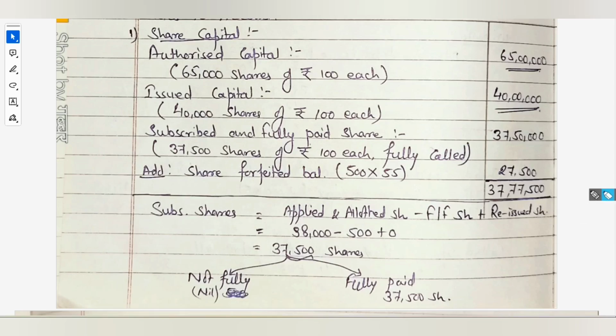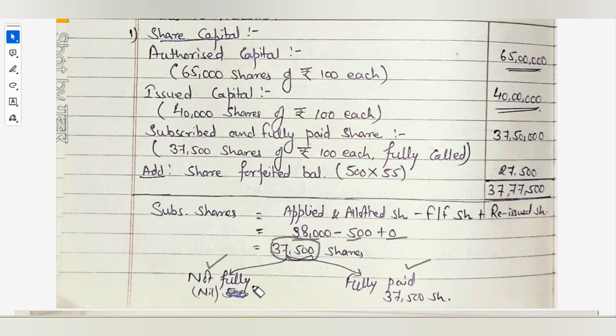After applying this formula, 38,000 is the allotted or applied shares to the public, 500 shares have been cancelled or forfeited, but no shares have been reissued. That means 37,500 shares are now subscribed by the public, and we need to find out not fully and fully paid shares out of these.